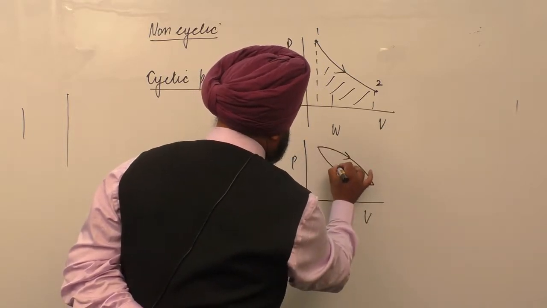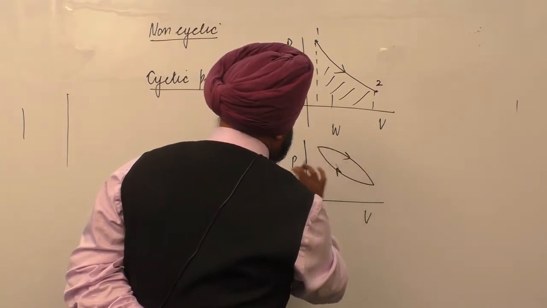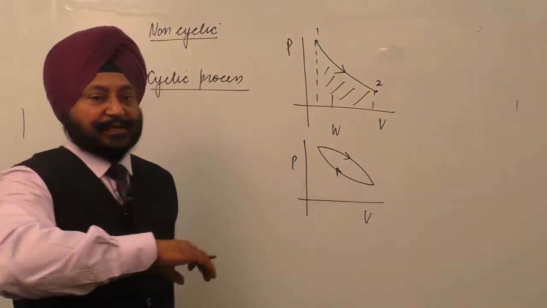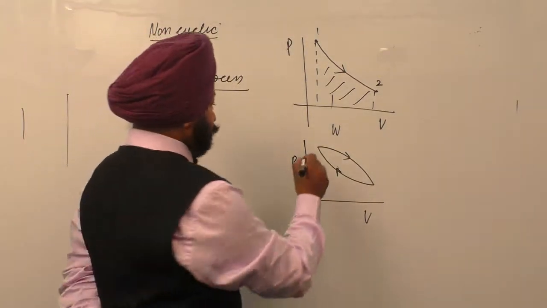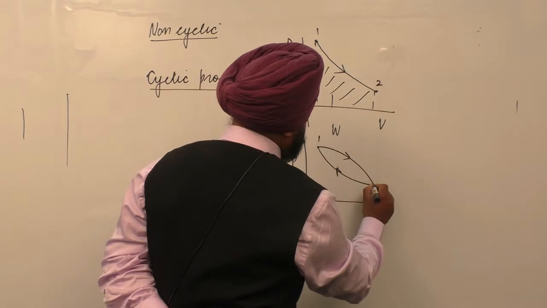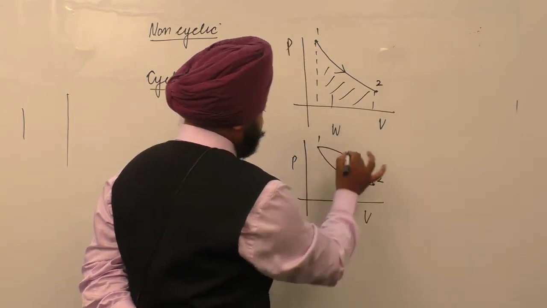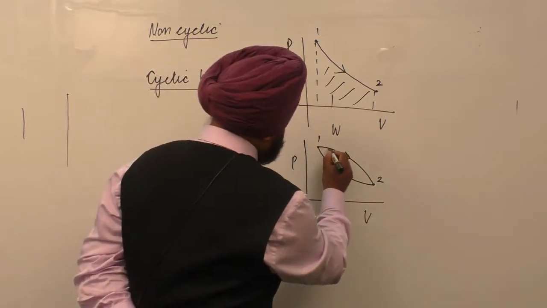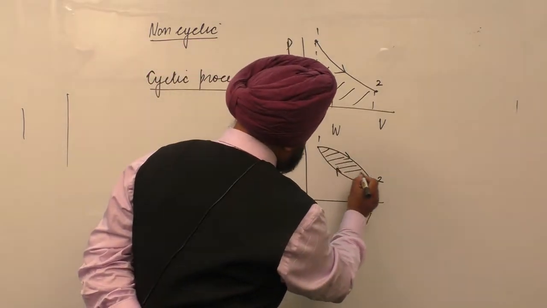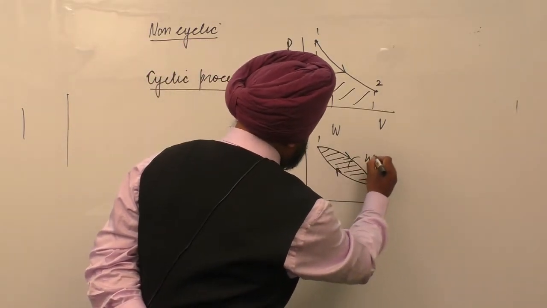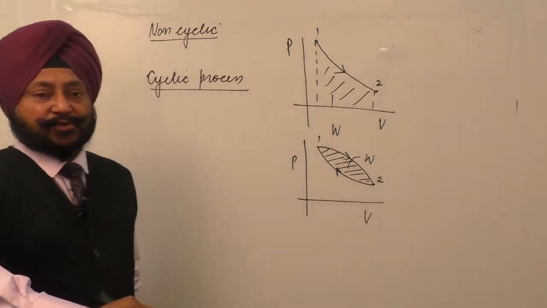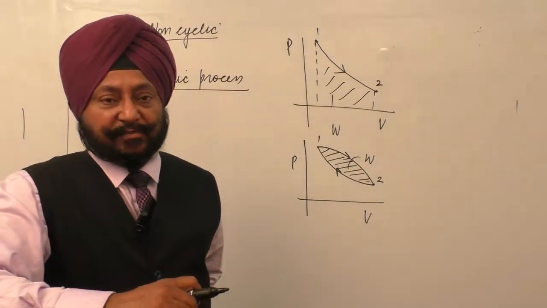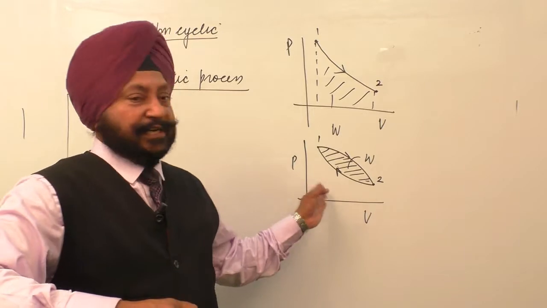This is the cyclic process. You are starting from a certain point and ending at the same point. That means you start from point 1 and move to point 2, moving in the clockwise direction. Now the area inside this loop gives you the value of work done. So here the work done is not 0 in a cyclic process. The work done is equal to the area of this.